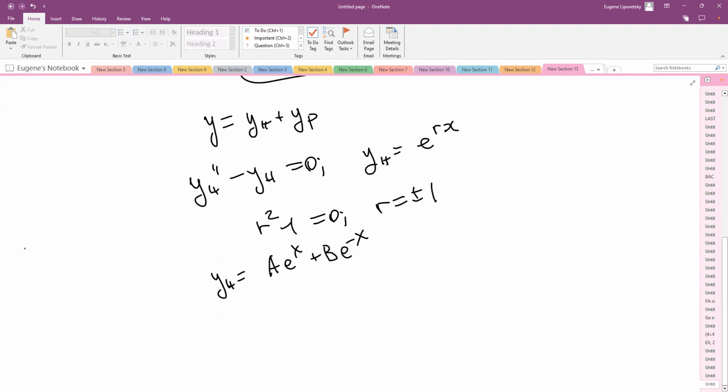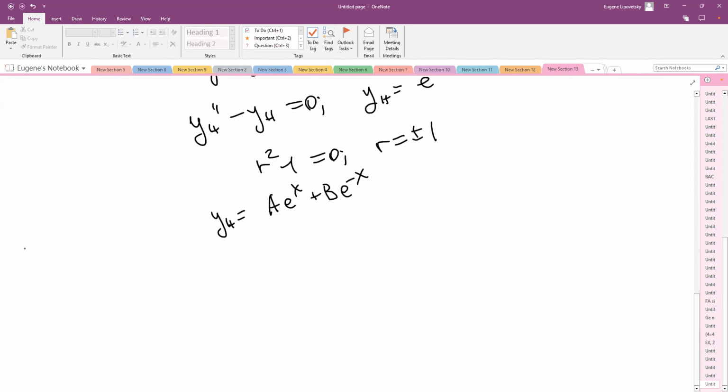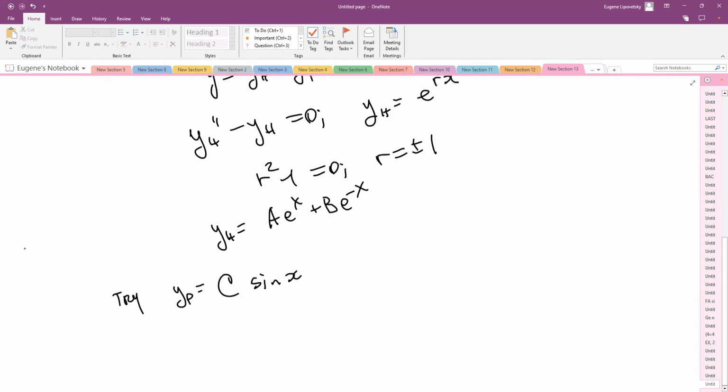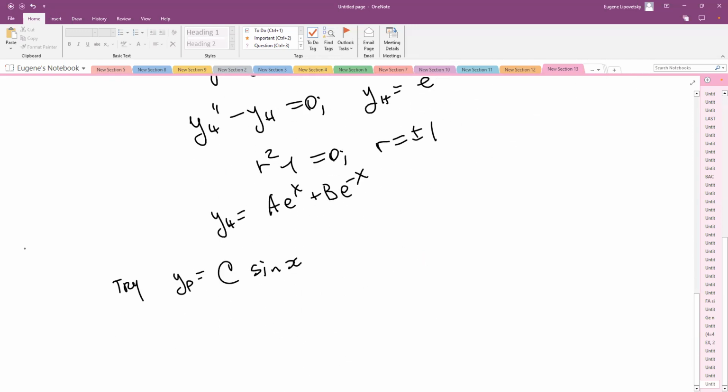All right? Now y particular, try y particular in the form of c sine x. Then y particular double prime equals minus c sine x.